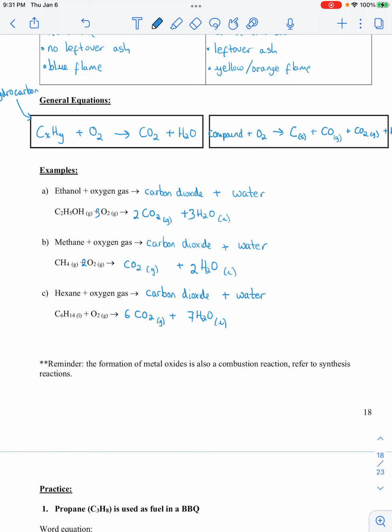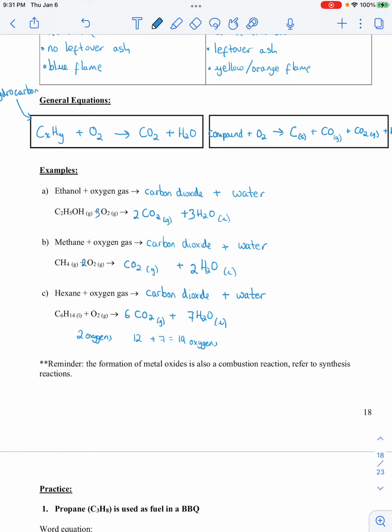On my right side, I've got 6 times 2 is 12, plus 7 times 1 is 7, plus 7 equals 19 oxygens. On my left side, I've only got 2 oxygens. If I put a 10 in front, that's going to give me 20.